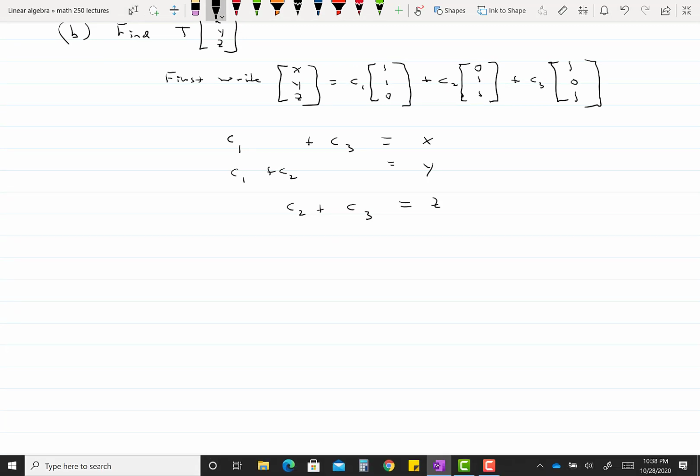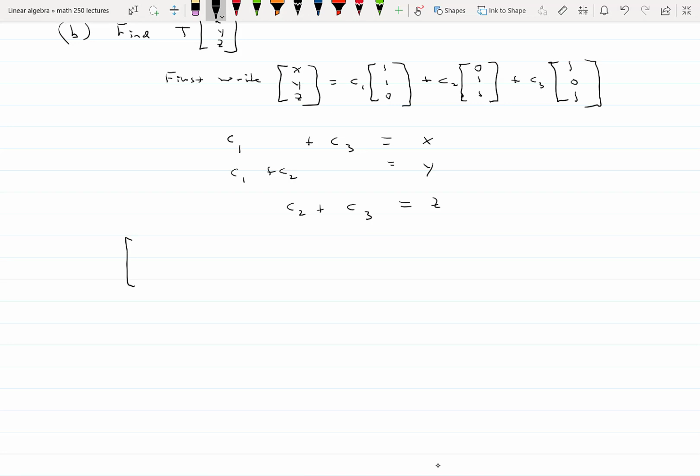Let me explain. What we would have to do if we were going to continue the way we did in part A is we would have to by hand row reduce this augmented matrix for the system. I'm writing out the system and trying to talk at the same time. It would be almost the same augmented matrices that we had before, except we have a column of variables x, y, z.